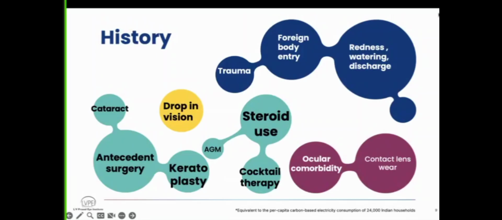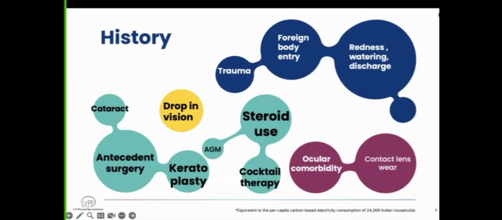In other words, which kind of infections are more common if the eye has undergone a recent surgery? In the early postoperative period, you often have bacterial infections, which are more common in eyes that have recently undergone a surgery.